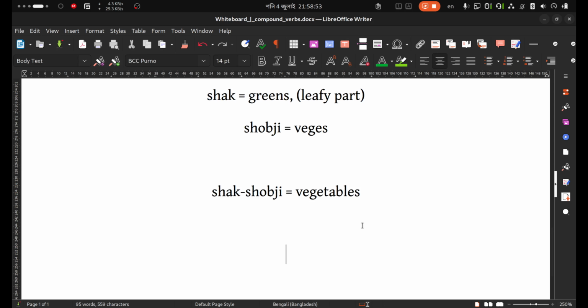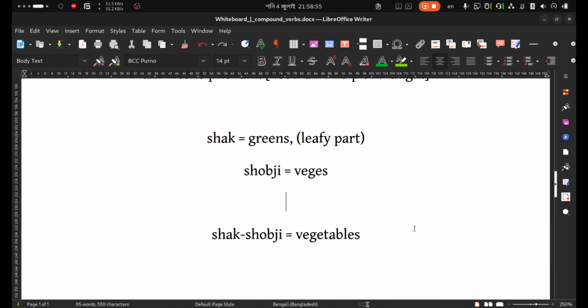Shak by itself means greens or leafy parts of vegetables. Shobji by itself means only vegetables, but it is ambiguous. It can either be plural or singular.